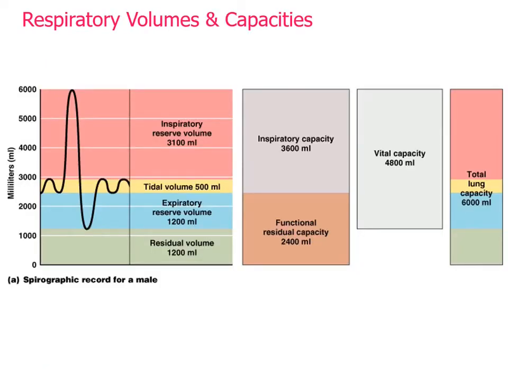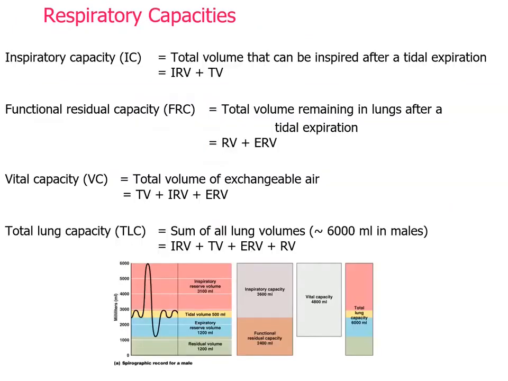So we've covered each of the key volumes and vital capacity. I also want to show you that there are other capacities besides vital capacity. For some measurements, we measure forced vital capacity, which is when you're trying to get the air out as quickly as possible.